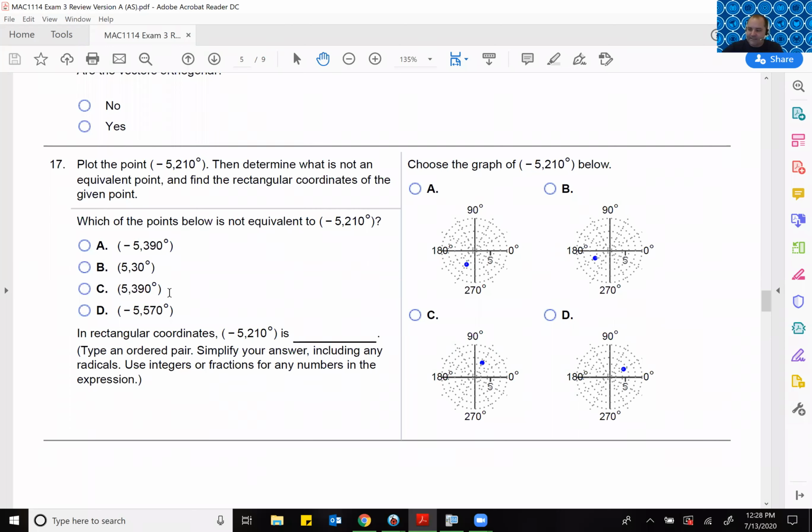So when I teach this and when I talk about this, we talk about how we can take the given degrees, okay, and we can go coterminal to it, all right?